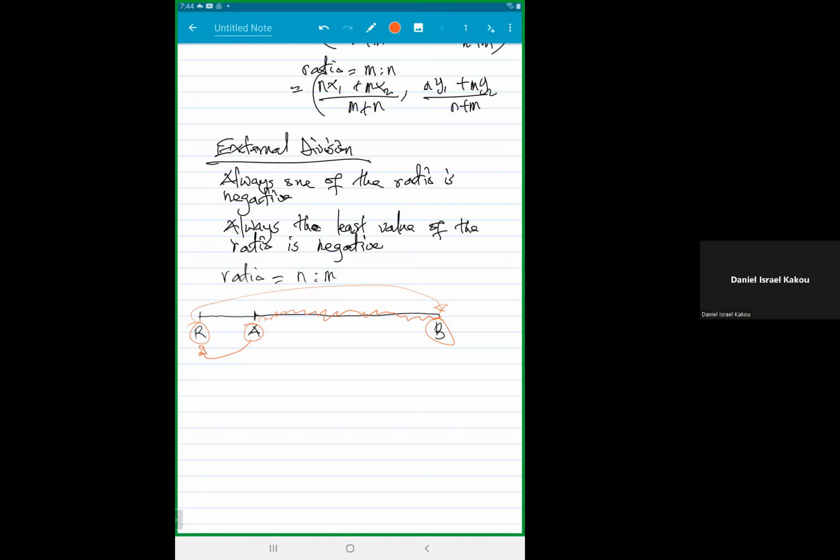That would mean I would be looking for the ratio from A to R to B. And obviously, the distance from A to R is always going to be shorter than the distance from R to B.